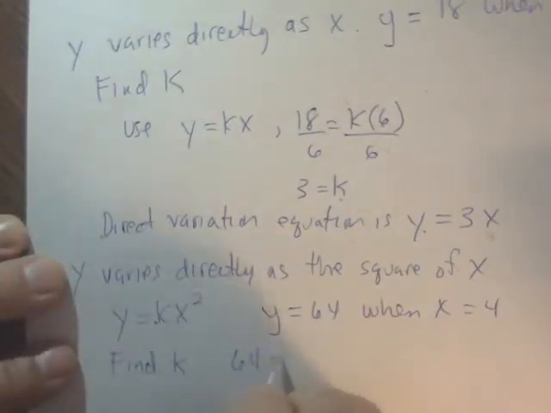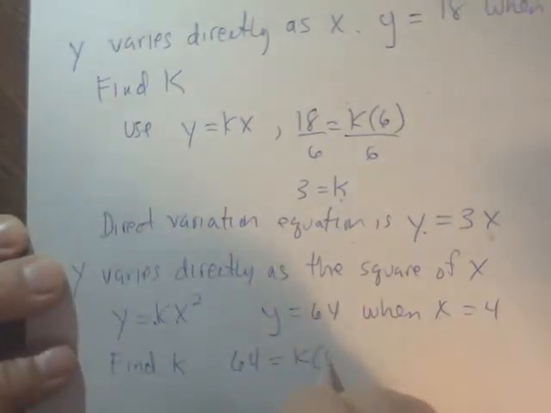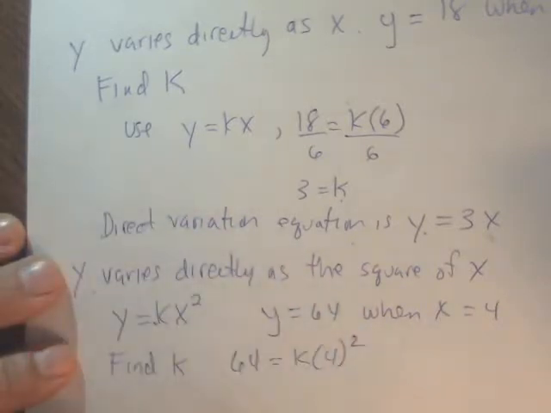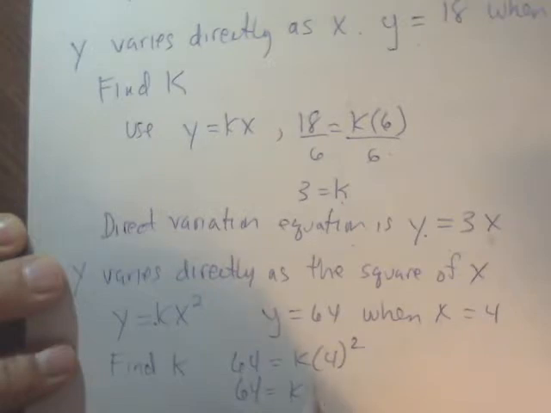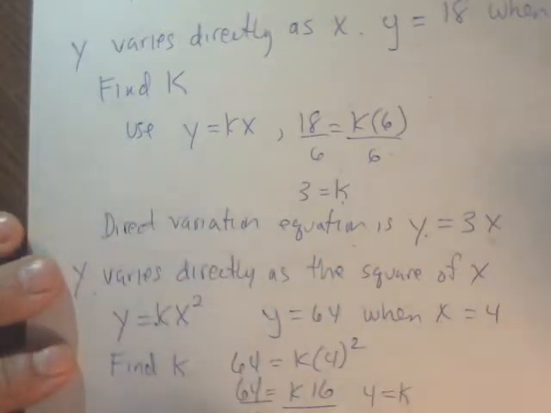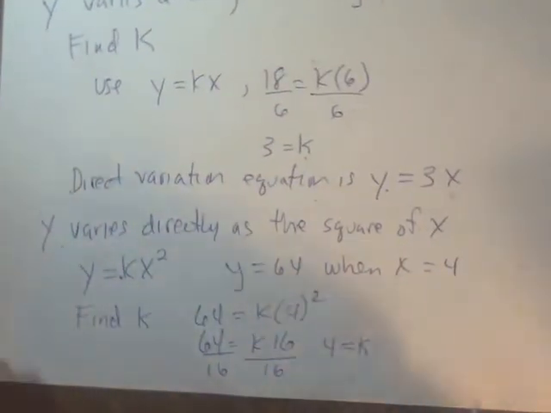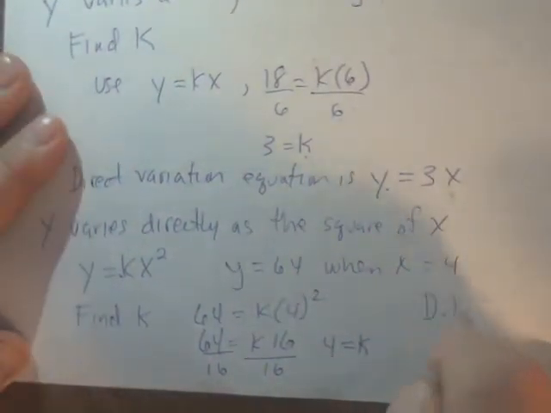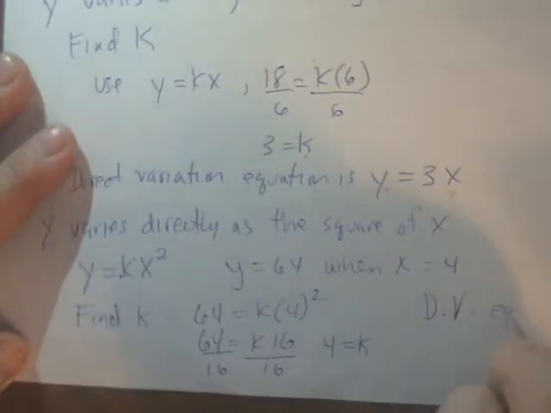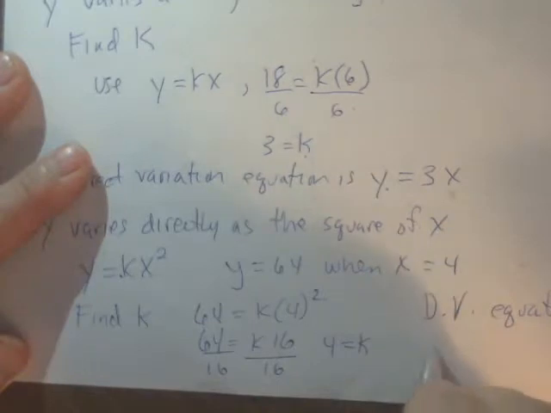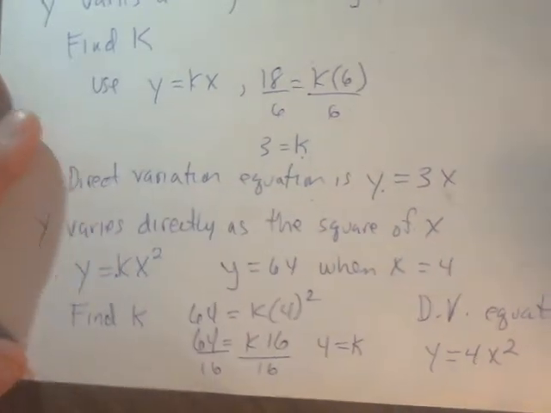So 64 is k times 4 squared. 64 is k times 16. Divide by 16, and k is 4. So my direct variation equation is y equals 4x squared.